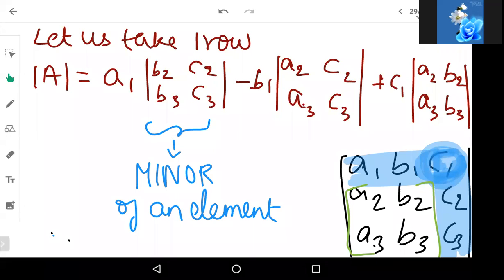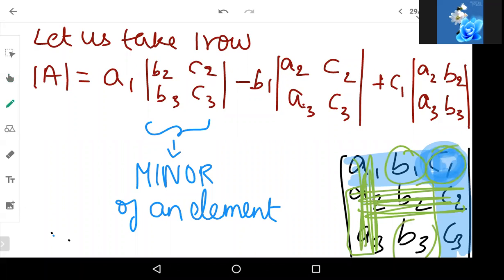Very good. Now, similarly, we can do the same calculations by taking second row elements. When you take second row elements, you will take out this row and this column. So what else is remaining? B1, C1, B3, C3. Like this you can take for each of them. We will solve the problems by taking different rows, so you'll be able to understand.